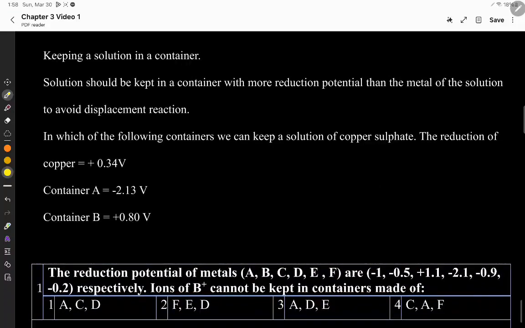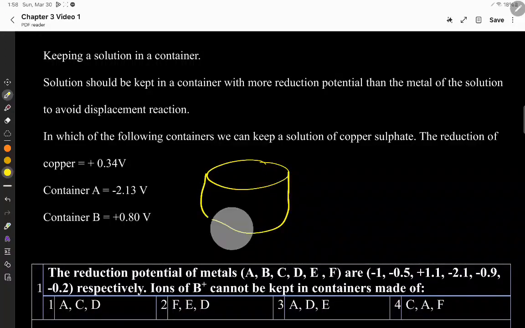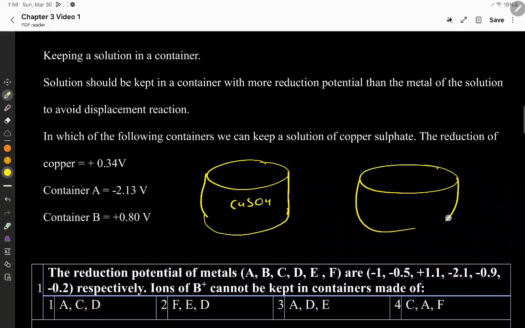The last idea is keeping a solution in a container. If we keep a solution in a container, this container should be less reactive than the ion in the solution. For example, look here. If we have copper sulfate, the reduction potential of copper is positive 0.34.